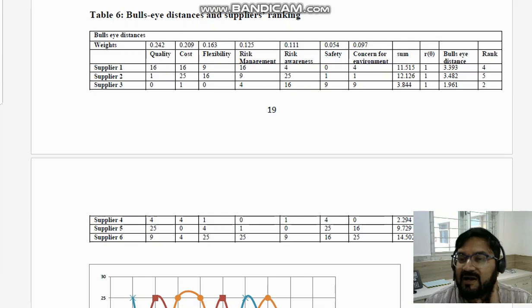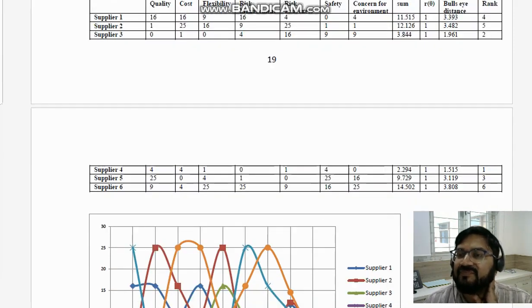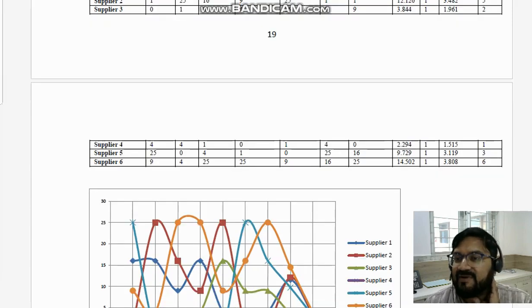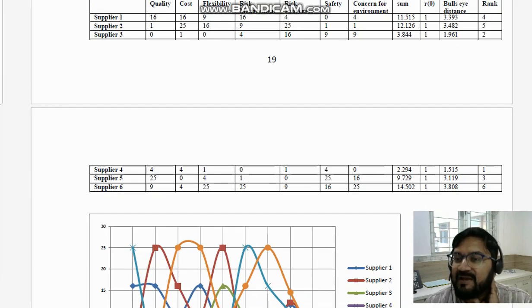From the sum we calculate the bullseye distances: we take the square root of that value, and the lowest bullseye distance is assigned rank 1. So here, which is the best supplier? The one with 1.5, having the lowest value, is the best supplier for this case. Similarly 1.9 is the second best, so that is rank 2. This is how we order and get the ranks.